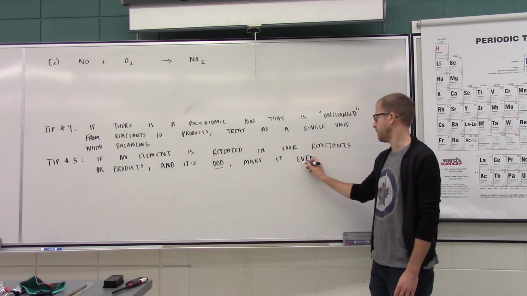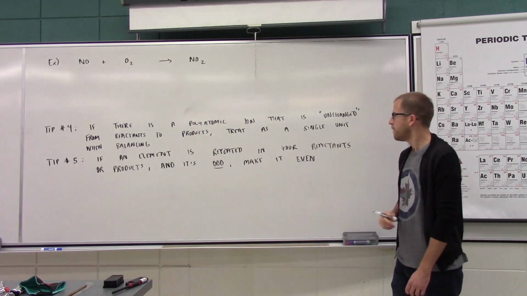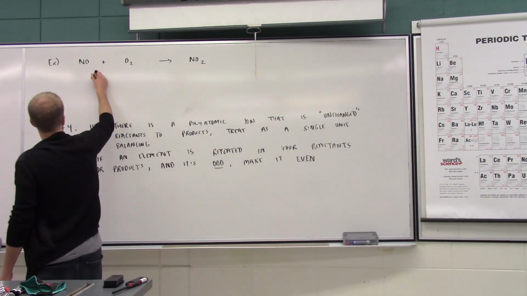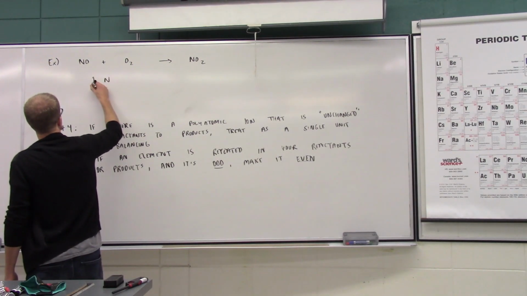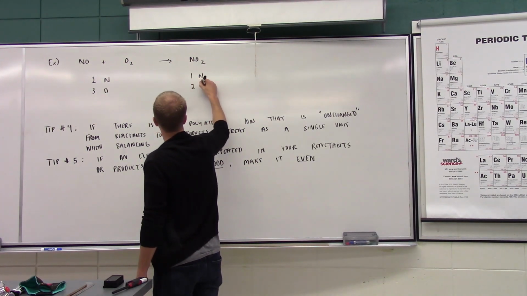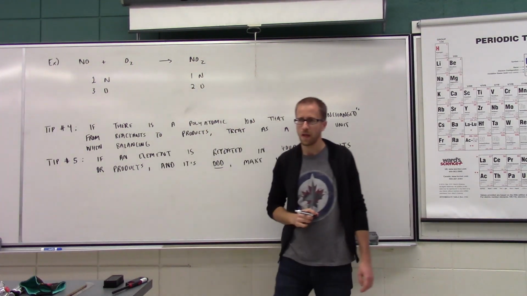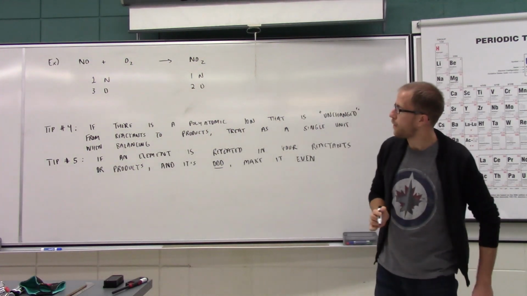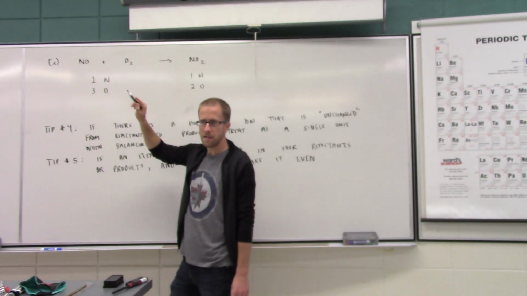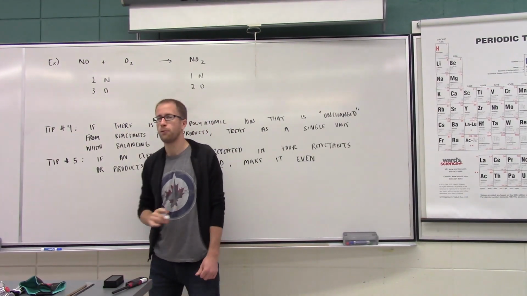Make it even, okay? So, we have 1 nitrogen and we have 3 oxygens. Here we have 1 nitrogen and we have 2 oxygens. So we have oxygen repeated in our reactants, and it is an odd number. We have 3 of them.